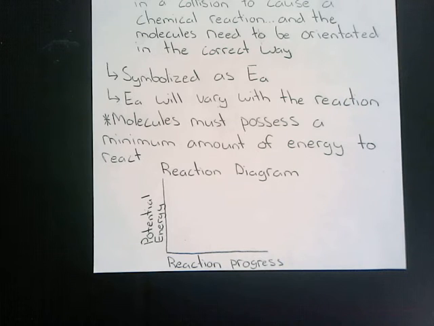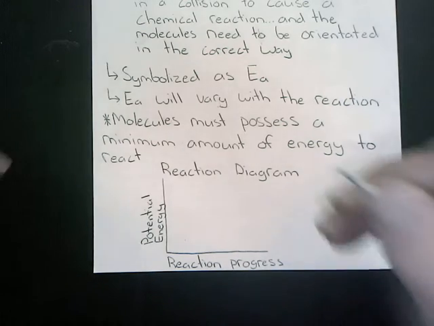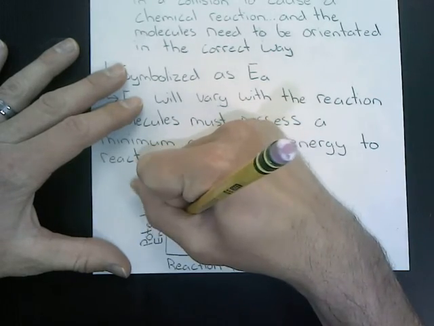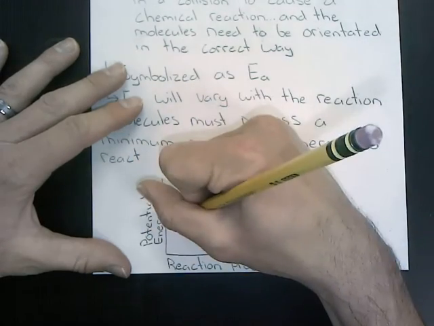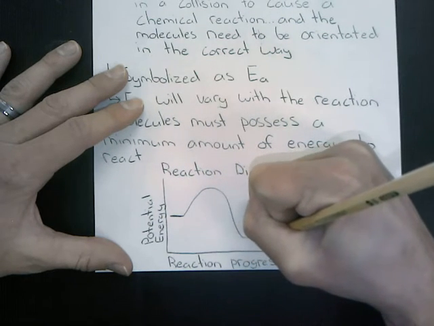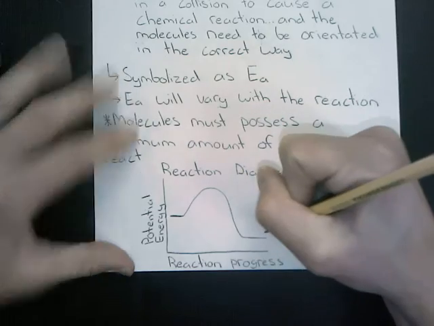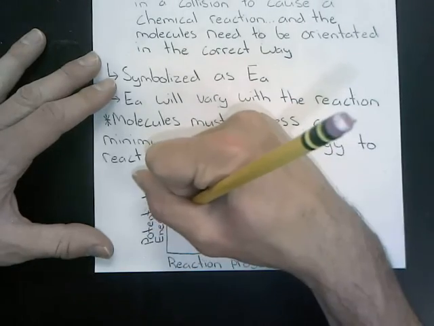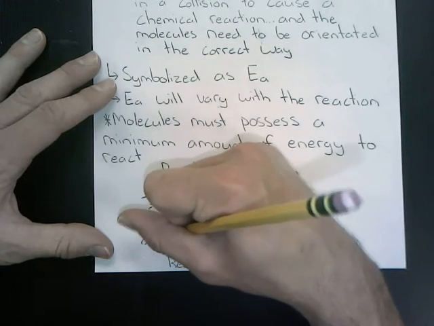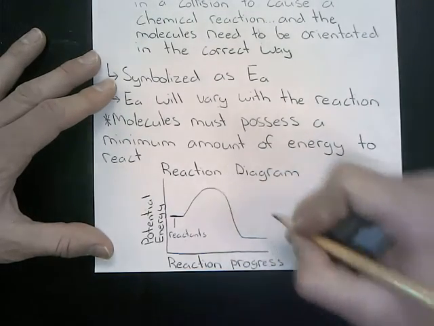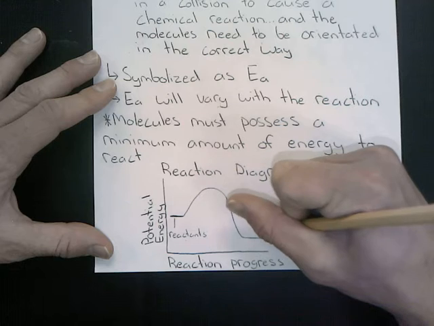Now, how we orient this is as follows. If we have our starting point right here, we would have something that looks like this. The starting flat line on the left-hand side is our reactants, and this finish line, the bottom portion here, is the products.